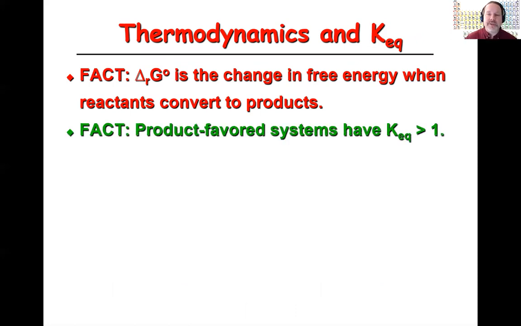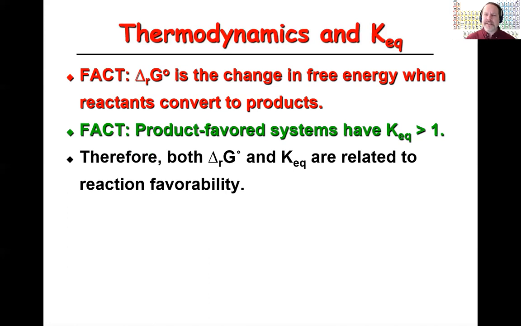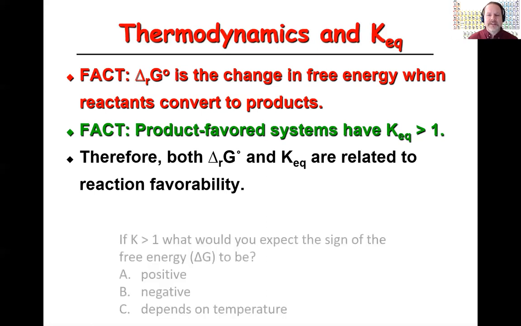Since there's a relationship on how well the reaction goes and its connection with delta G, there's also a relationship on the amount of products formed versus the concentration of reactants in a value that we call the equilibrium constant, K. So conceptually, these things are already related. We can see something about the favorability of a chemical reaction when we think of delta G and K.